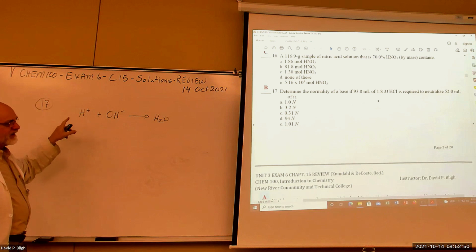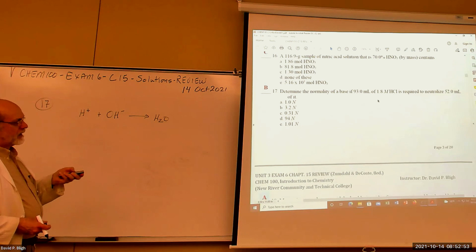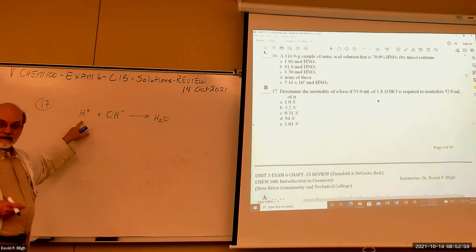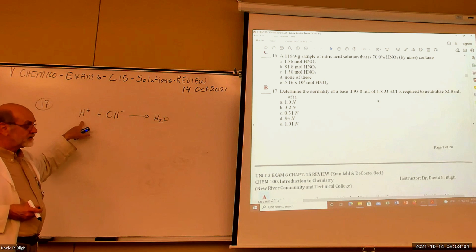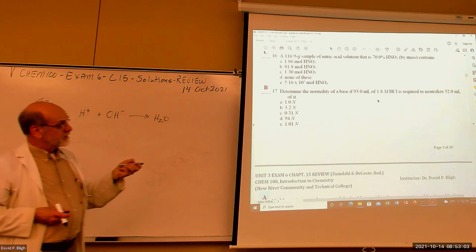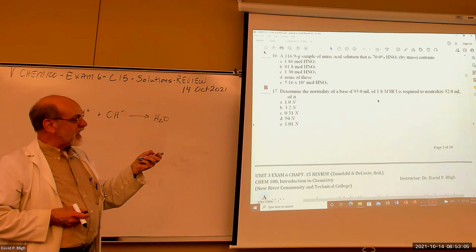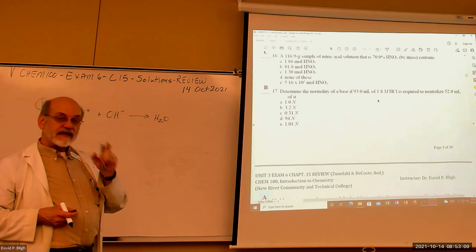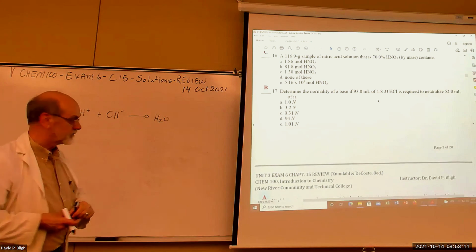We just need to find out how many equivalents of hydrogen there are. And since hydrochloric acid is monoprotic, then the molarity is equal to the normality.